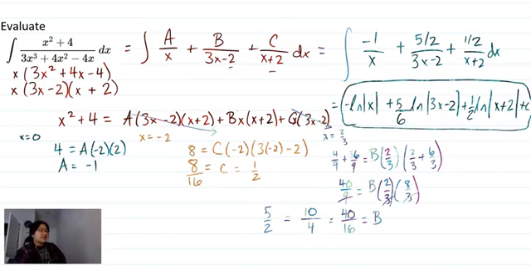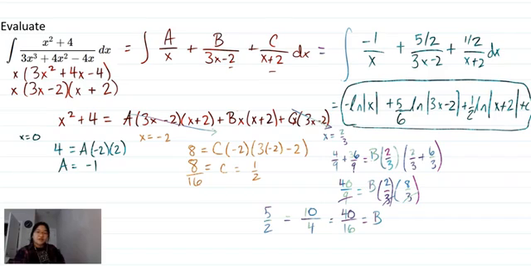So that's the strategy for partial fraction decomposition. Step 1, you factor the denominator. Step 2, you multiply things through. Step 3, you plug in things to make your life more convenient. And then step 4, you sub those back in and integrate.